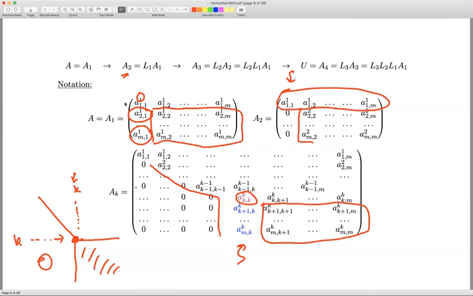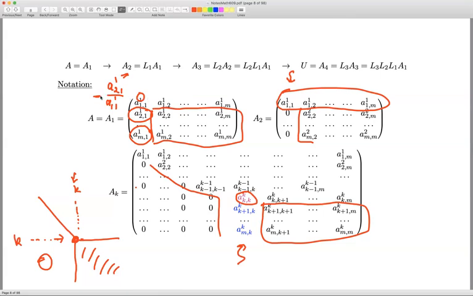And therefore, in order to make this term 0, we have to multiply the first row by a number such that when we add it to this row, we will make this term 0. And what do we multiply it by? We multiply it by A21 upper 1 divided by A11 upper 1 with a negative sign. So if we multiply the first row by that number and add it to the second row, A11 with A11 upper 1 will cancel out.